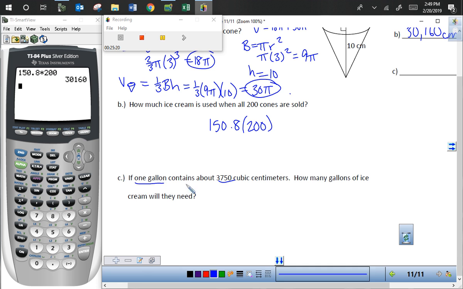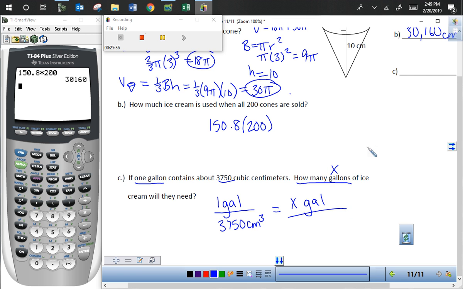So here's what we're going to do. 1 gallon is the same as 3,750 centimeters cubed, and then we'll set it equal to, it says how many gallons, so x is our gallons, that's on top for this proportion.